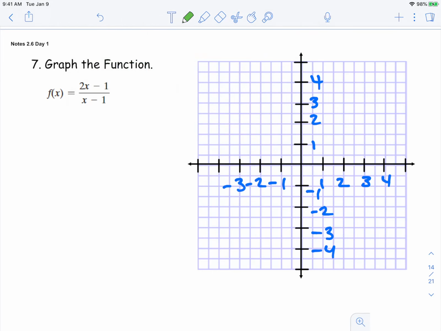All right, so one of the things we found, if we go back to step 1, was there's no symmetry. We found the y-intercept to be 0, 1. We found the x-intercept to be at 1/2.